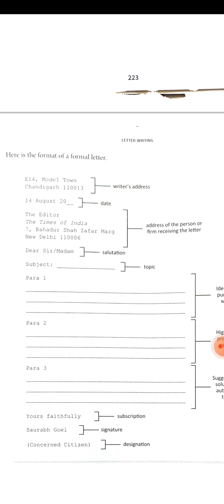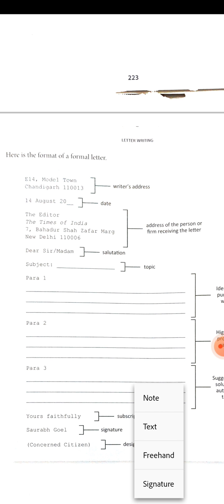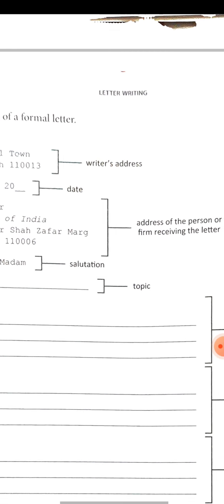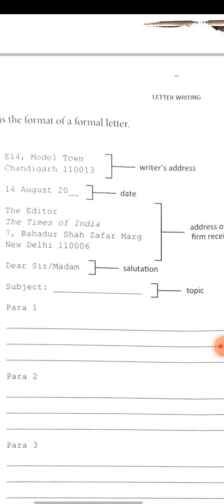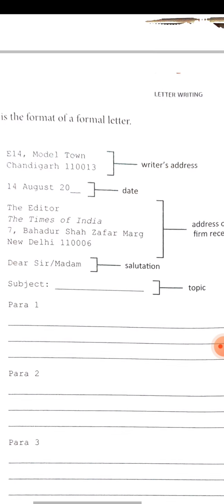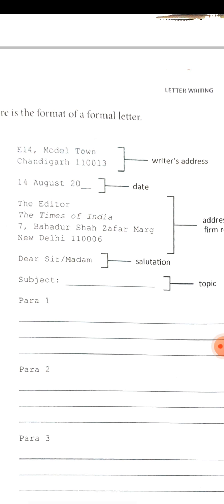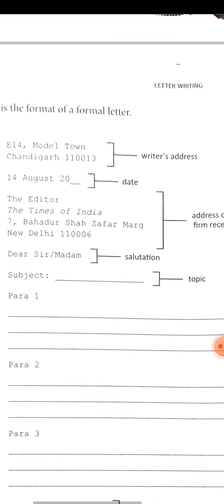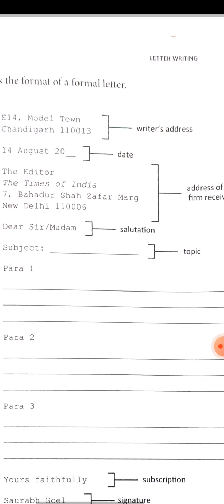So the format of the date will be the same here also. And then suppose the letter is written to the editor. So first you will write the designation of the person to whom you are writing the formal letter, and then you will write the address of that person.